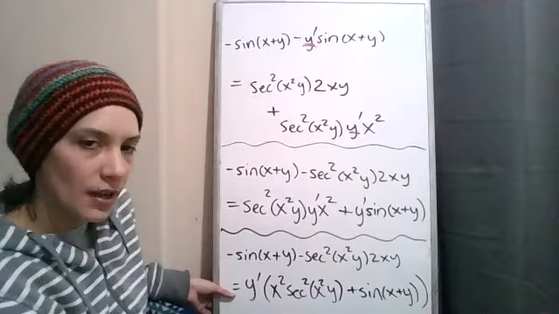And we've almost got y prime. We divide both sides by all of this to isolate y prime.